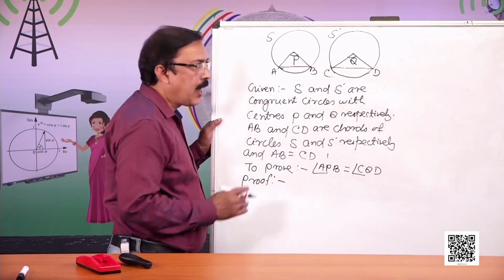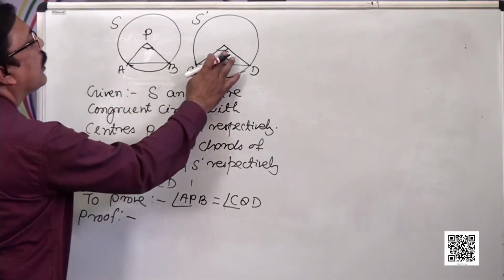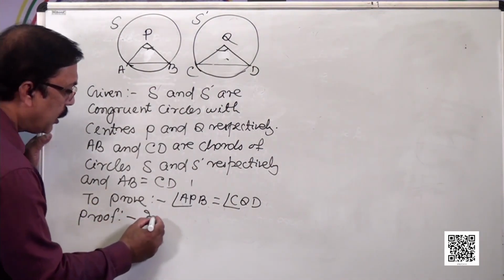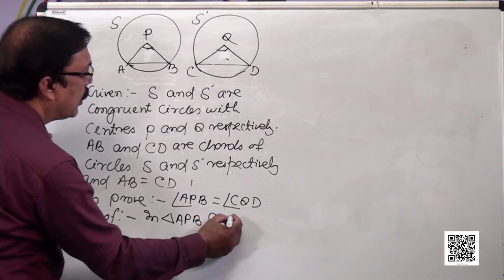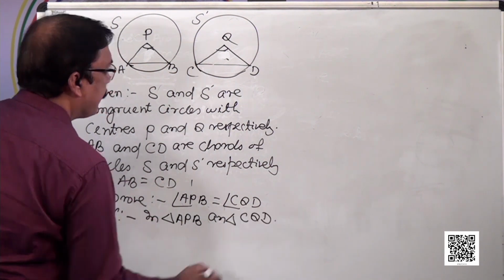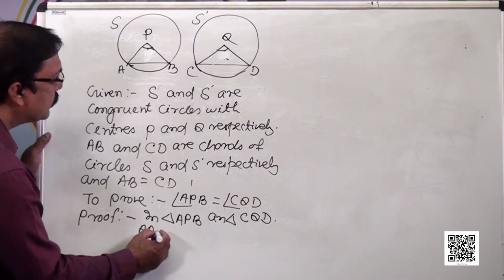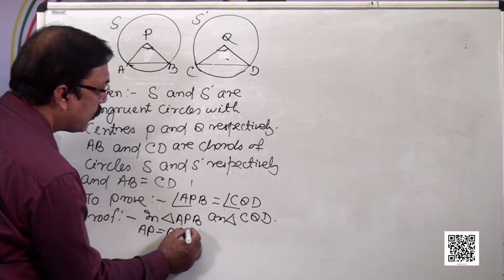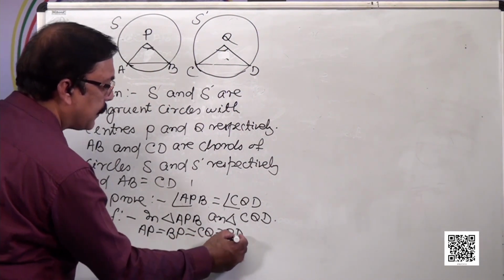Here we have two triangles. Let me write this P here and Q here. So in triangle APB and triangle CQD, we have AP is equal to BP, which is again equal to CQ is equal to QD.